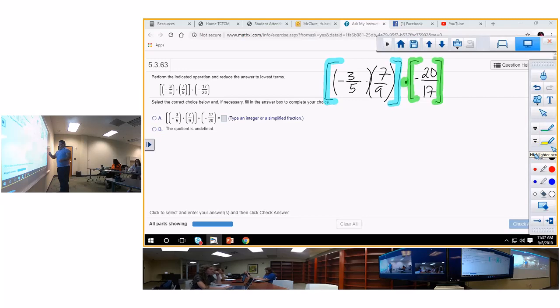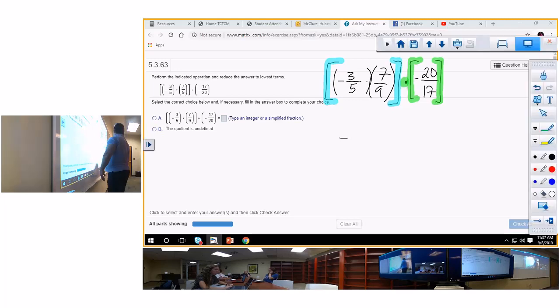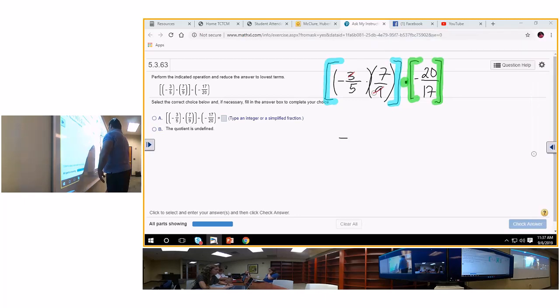Now that's multiplication. Multiplication means, unlike terms, what's the answer going to be, positive or negative? Negative. It's unlike. And now, we just cancel. Here, I'm going to use my red. I don't use red very much. I'm going to cancel that 3 with that. And I get 7 over 15.